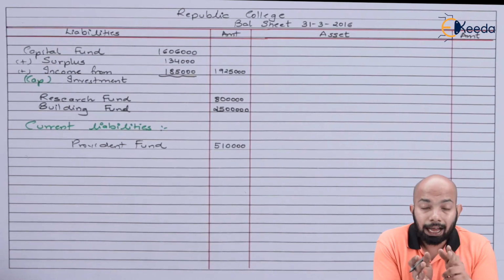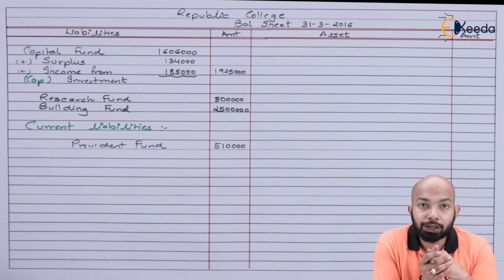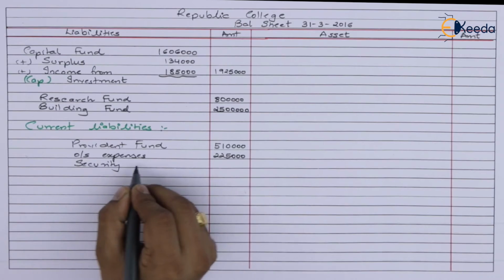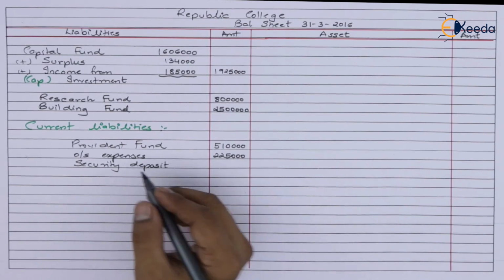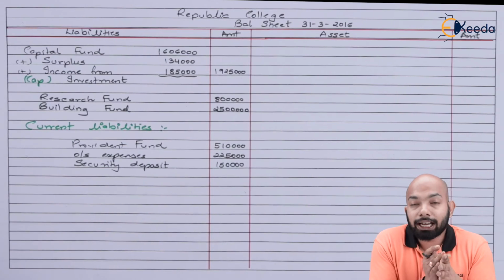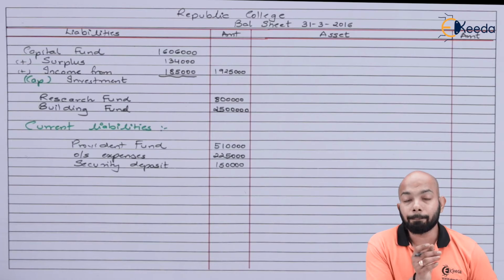Now there are other expenses, or rather outstanding liabilities, that can also be mentioned here. So security deposit, that is the last part, 1,50,000, has also been mentioned. So all the liabilities side has been completed here.